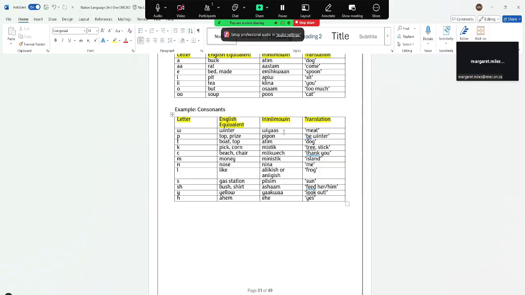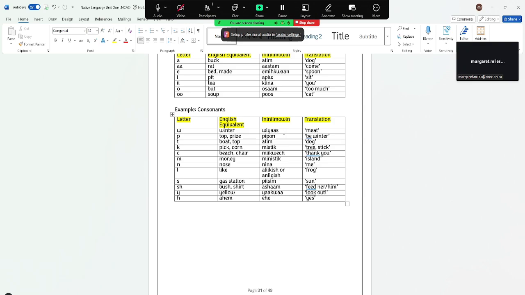The C sound, and the English equivalent would be beach or chair. In the language, miigwech, meaning thank you in English.